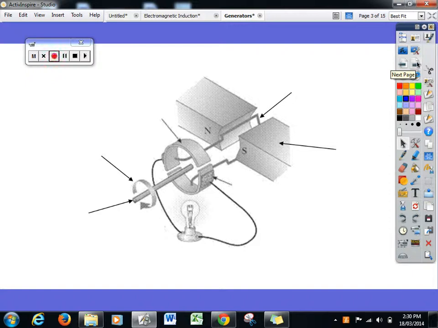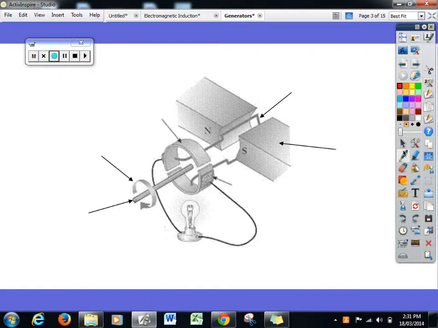This is the diagram that you have in your book, and what do you know? This is a generator. What do you notice first about a generator? What do you notice about that diagram? You've labelled it before. Right, this looks like, and in fact is, a DC motor, isn't it?